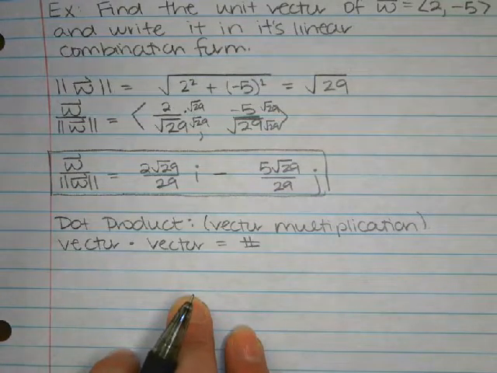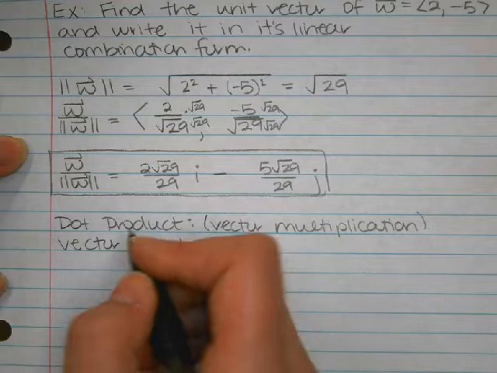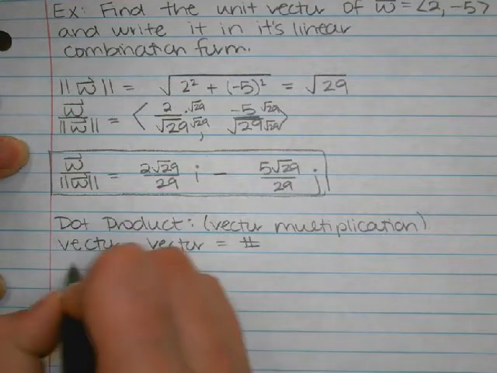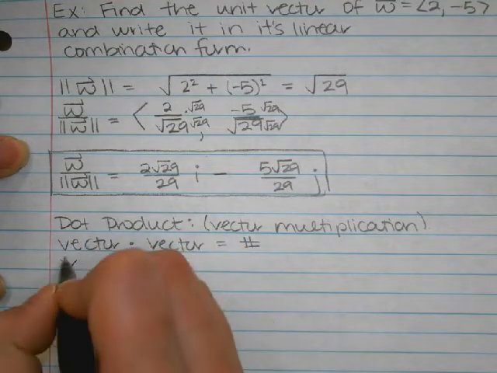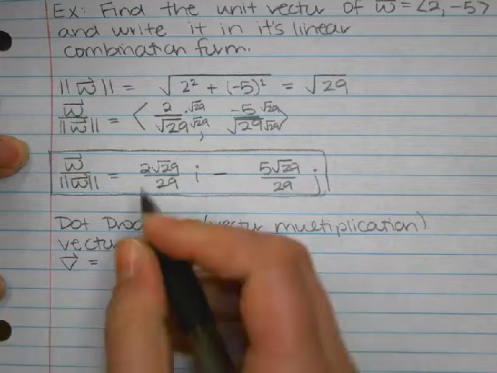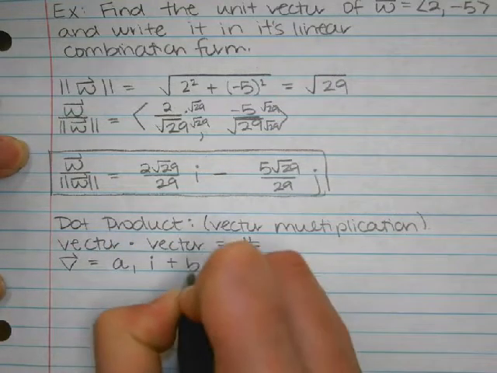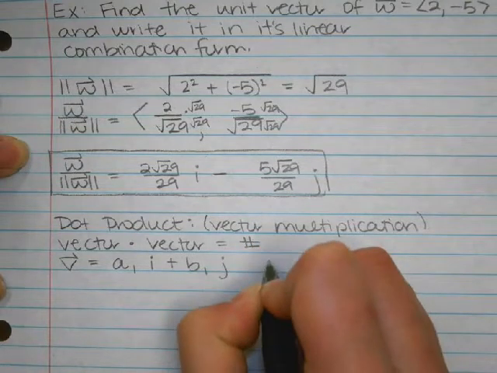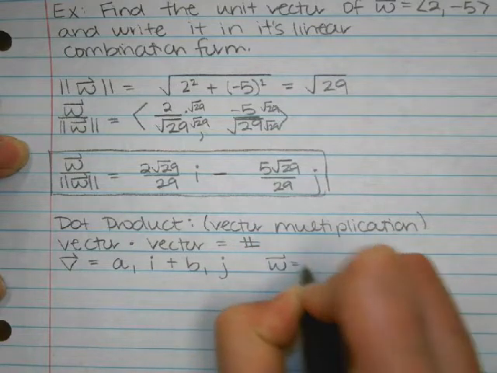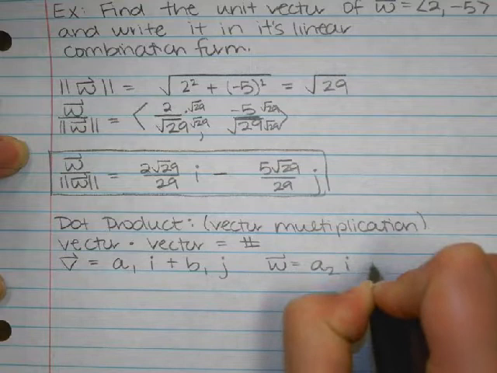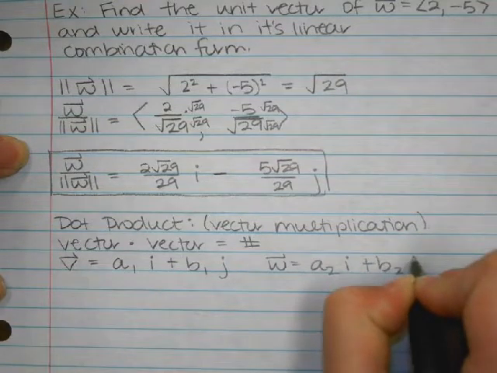So the formula for the dot product is, we'll say that v is a1 i plus b1 j, and we'll say vector w is a2 i plus b2 j.